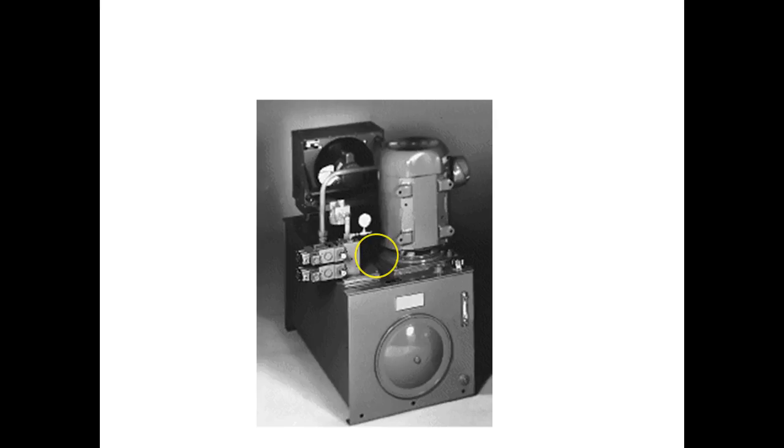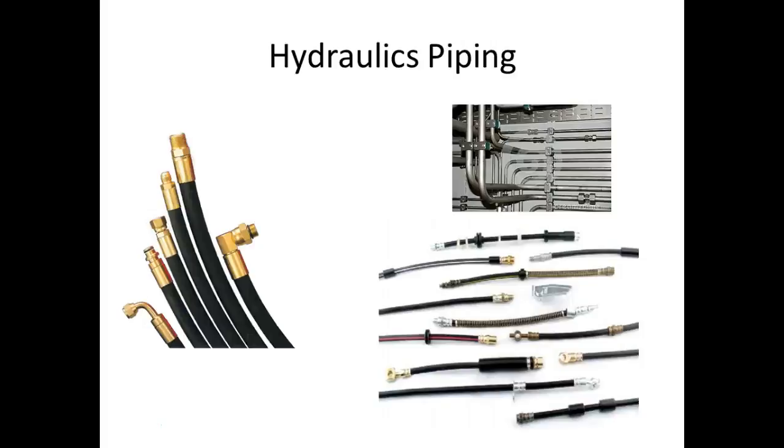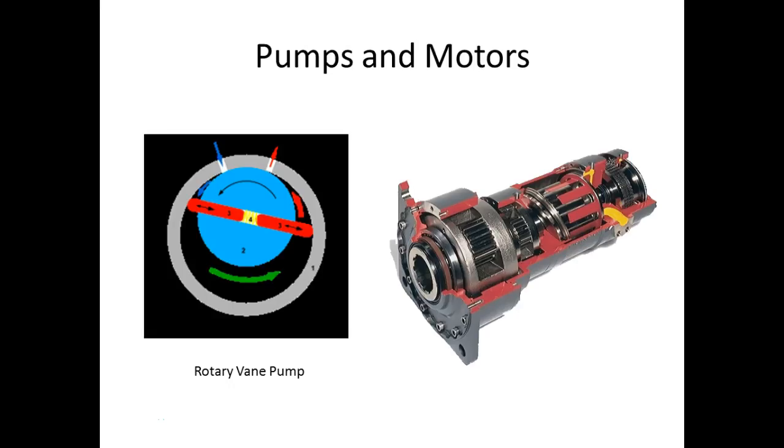So this is a typical reservoir. Of course, the reservoir would be down on the bottom. I don't know if we got a picture of what makes up a reservoir or not.